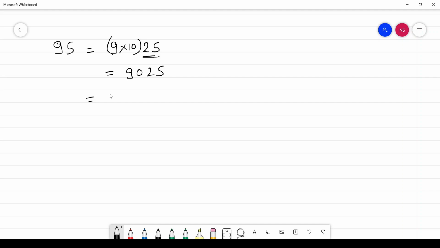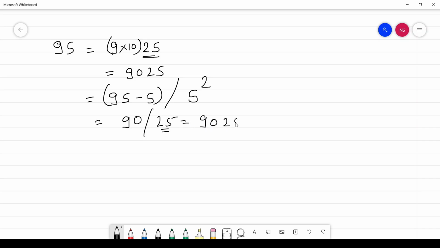Here 95 is less than 100 by 5, so we will subtract it, and that will be the left hand side part of the square, and the right hand side will be the square of the difference. We will get 90, and on the right hand side it is 25. Anyhow we are getting 2 digits, so we are here with the answer 9025, and both the answers are tallying with each other.